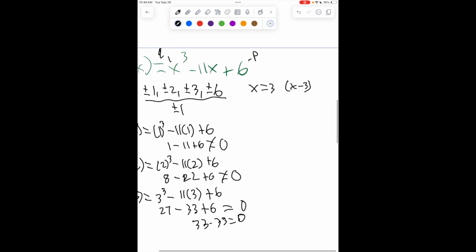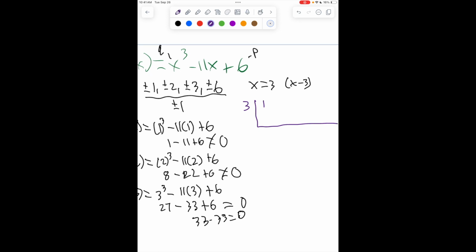All right, now I'm going to use synthetic division, and I'm going to say my coefficients are 1. Don't forget, because we go from x to the third to x, we skip x squared there. So 1, 0, negative 11, and positive 6.